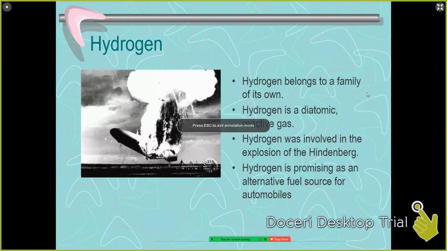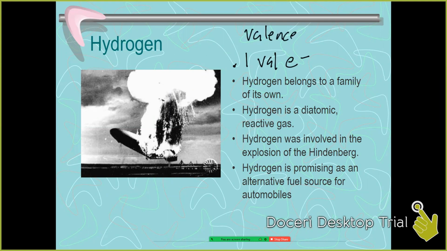So hydrogen belongs to its own family. It's in group 1, so it only has one valence electron. To shorthand valence electron, I just put VAL and then electron symbol.